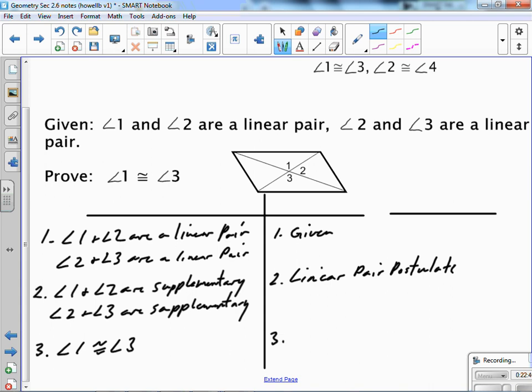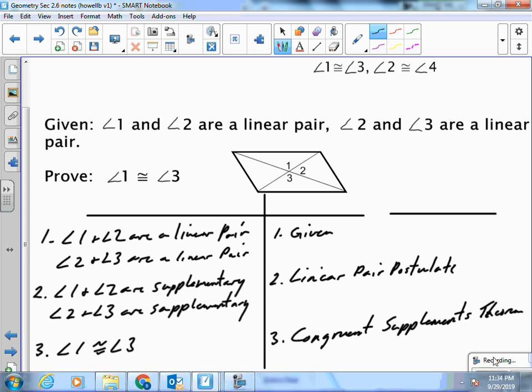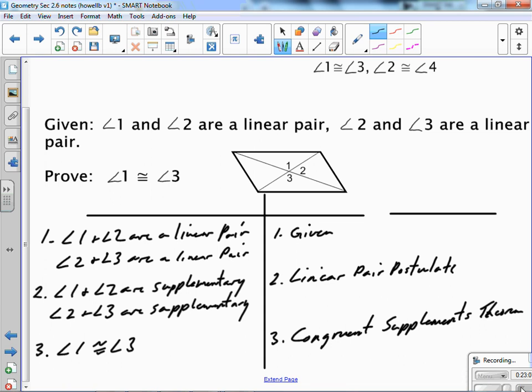And that is by the congruent supplements theorem. Alright, and that completes the notes for section 2.6.